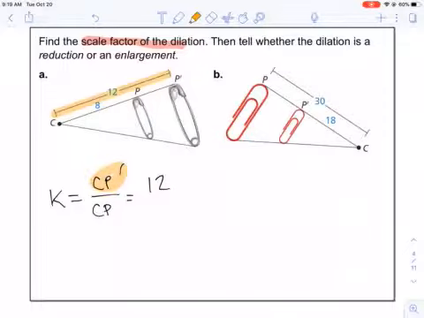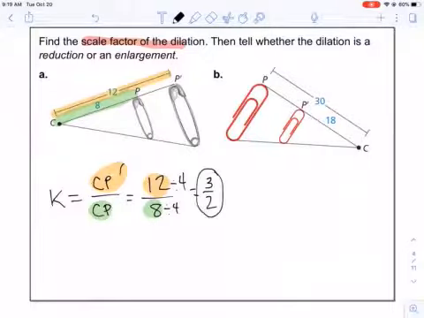The distance from C to P prime is 12, and the distance from C to P is 8. There we go, we've got 12 over 8. But we want to write this as a reduced fraction. So remember, you find the biggest number you can divide 12 and 8 by. Here it just happens to be 4. So my scale factor is 3 over 2.